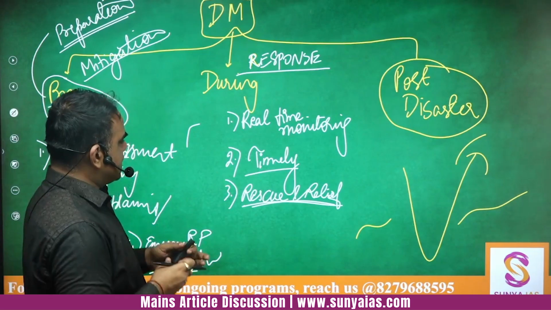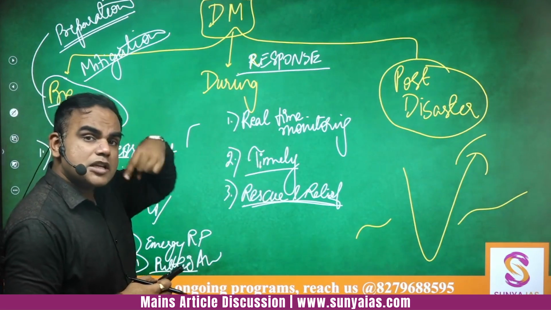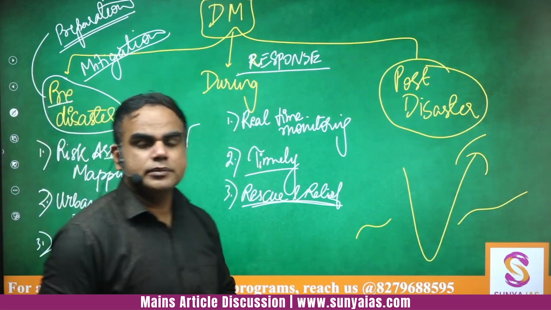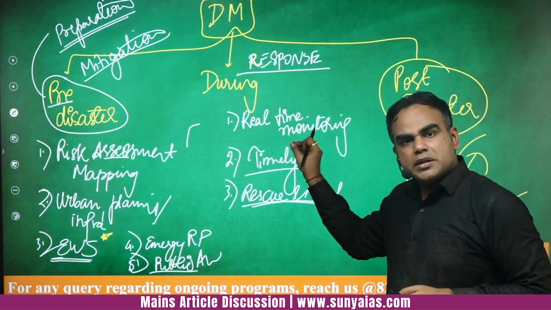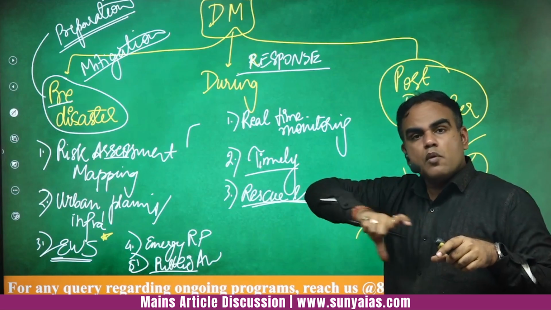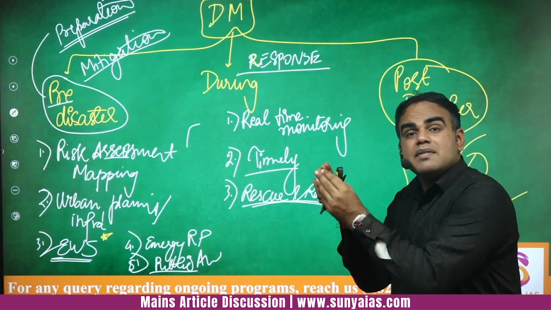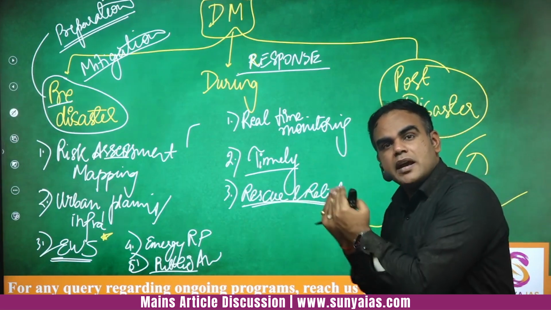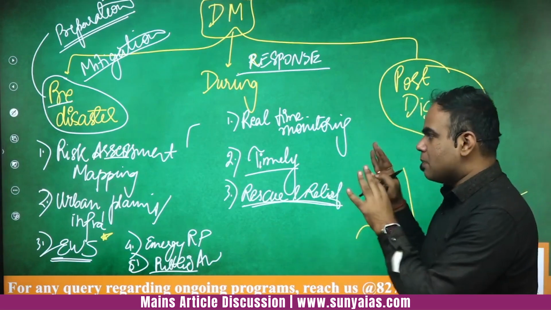So basically rescue relief operations are there, but more than that timely response should be there, and there has to be constant real time monitoring, and this will help your crowd management: where are the people, which infrastructure has collapsed, which roads are no longer movable, where should the people be moved to. Because if there's a disaster, I would want to move the people away. I want to reduce my casualties as much as possible and help these people.